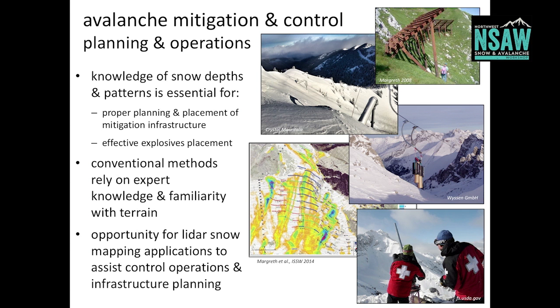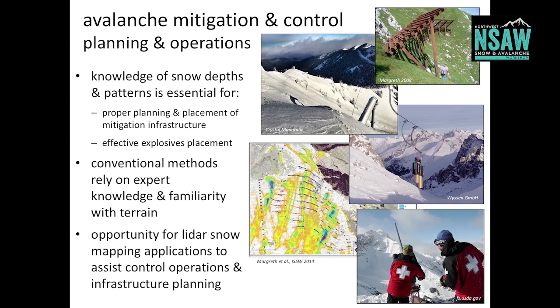Conventional methods of figuring out where the snow exists on the landscape rely a lot on expert knowledge, so an understanding developed over a long period of time about how the processes of snow accumulation and wind redistribution work with the terrain and vegetation, along with a local familiarity of the terrain. And this has been seen as an opportunity in recent years for using techniques such as mapping with laser scanners or LIDAR to assist both from the planning perspective as well as for operational avalanche control activities.